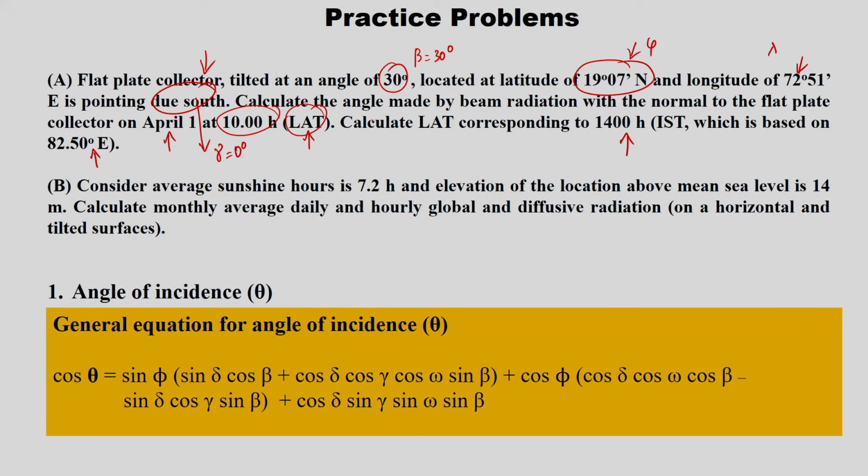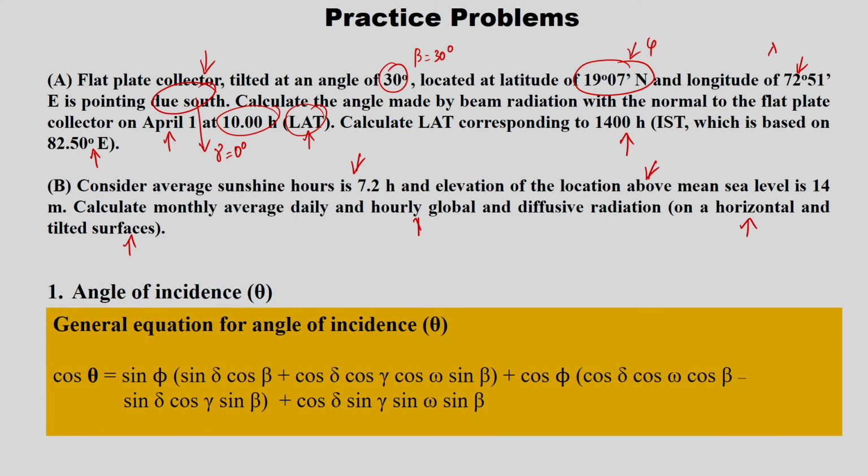After getting to know how to calculate local apparent time and then angle of incidence, we will do another separate problem using the same location of latitude 19 degree 7 minutes north by considering average sunshine hours of 7.2 hours and the elevation of the location above the mean sea level is 14 meter. For this particular data, we will calculate the monthly average of daily and hourly global and diffusive radiation on a horizontal plane as well as for tilted surfaces.